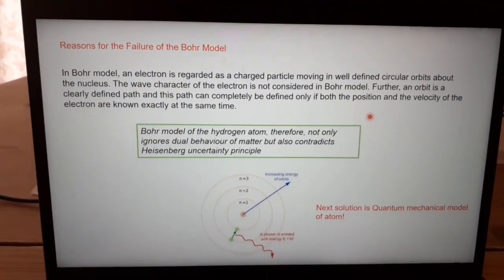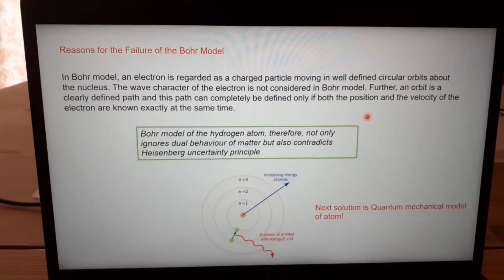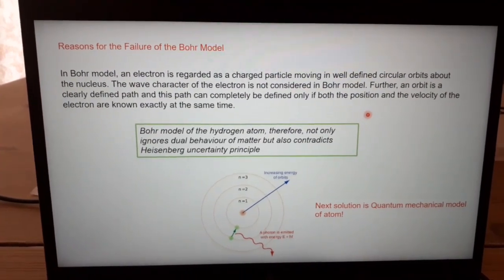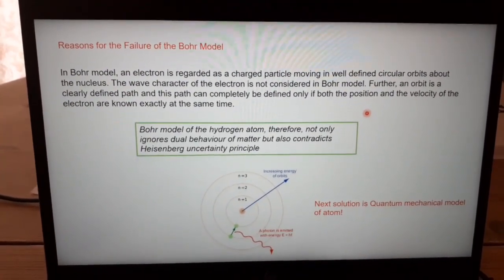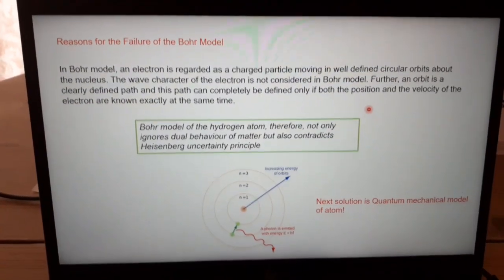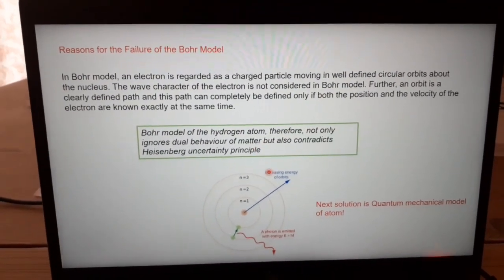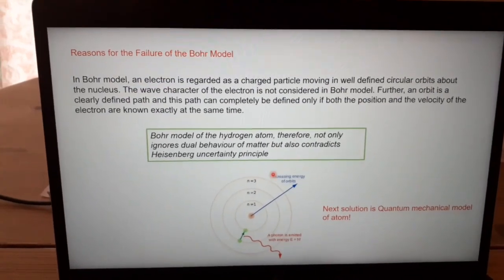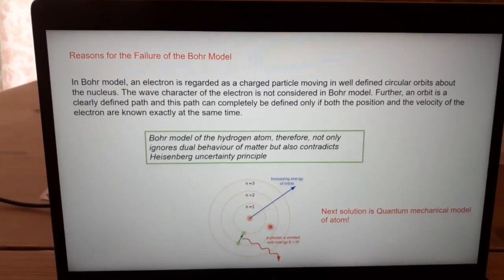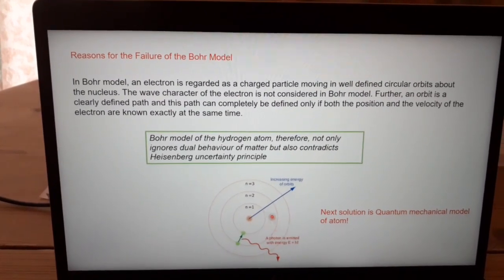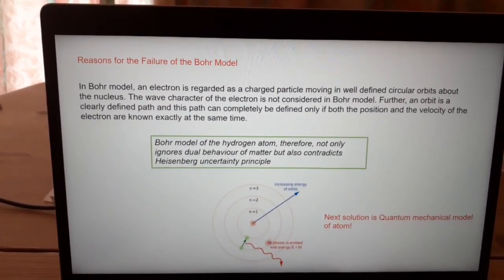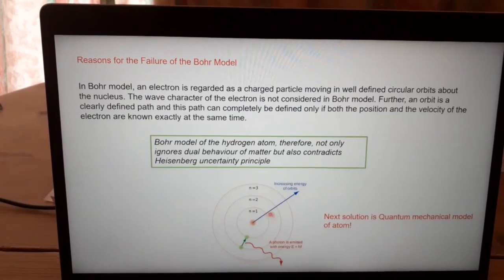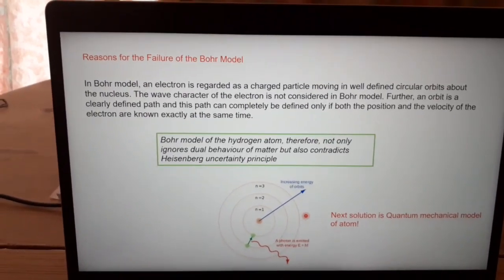Bohr's model is only predictive for the hydrogen atom, and therefore it not only ignores the dualism but also contradicts the Heisenberg principle. So the next solution is the quantum mechanical model, and here I have given a brief idea of the atomic model, like the electronic paths and their surroundings throughout the nucleus, right?